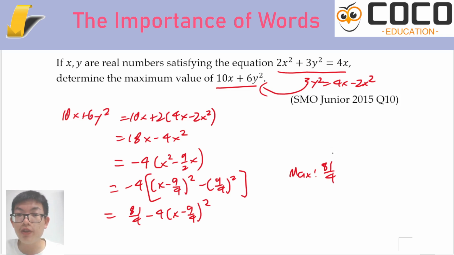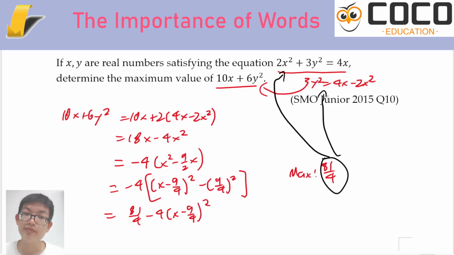What happens if you actually take 81 over 4 and put it back into the initial equation, or equivalently put it into here? You're going to find that y is negative.